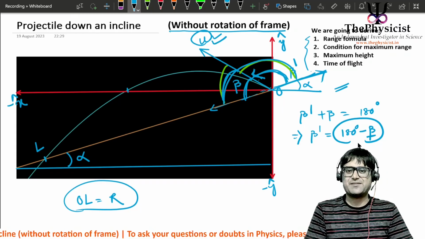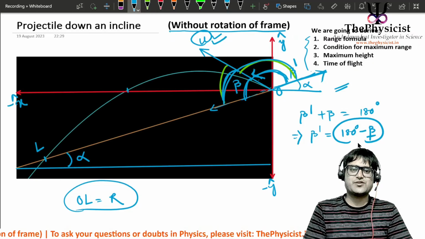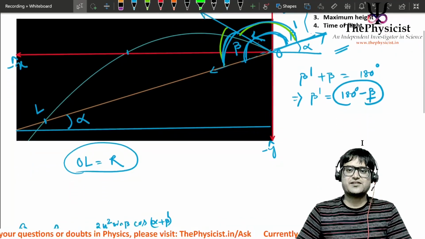Yes, and alpha remains the same. Alpha hasn't changed, right? The incline used to make alpha angle with the horizontal direction, and it's still the same.